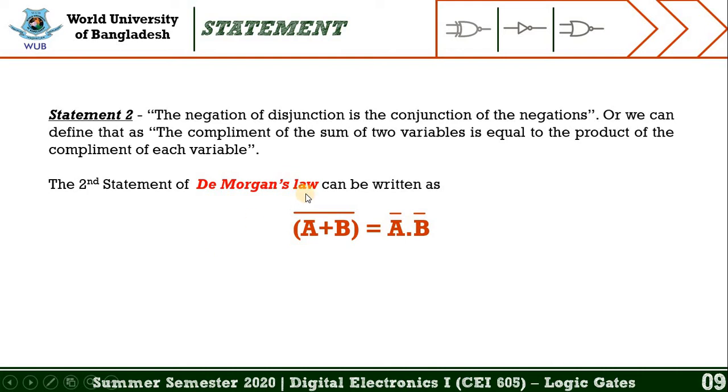The second statement of De Morgan's law can be written as follows. Inside the parenthesis, (A or B) bar, or you can say not (A or B), is equal to not A and not B.